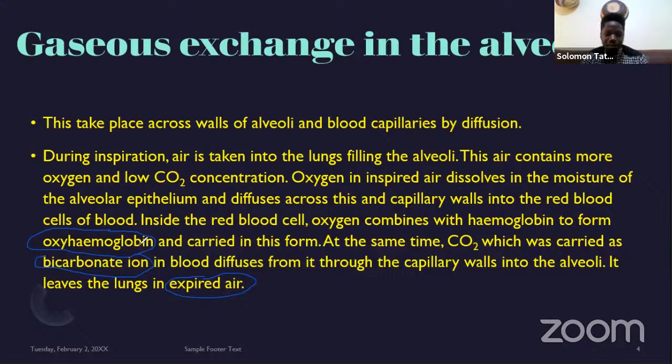Okay, and then it diffuses through the capillary walls into the alveoli and then is expired out through the bronchi, the trachea, and out of your nostrils. That's how it works. So that is also important to understand at this stage.